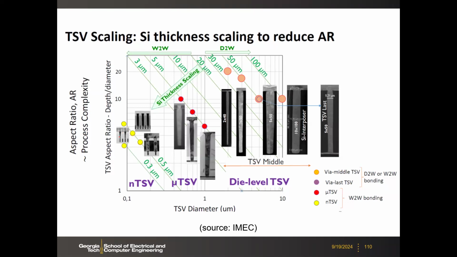So if your diameter is 500 nanometers and the aspect ratio is 5, then the wafer thickness needs to be thinned down to 2.5 micrometers. So there's a trade-off here. You have to shrink the silicon thickness to enable finer pitch. So this is a general trend for the TSV processing.